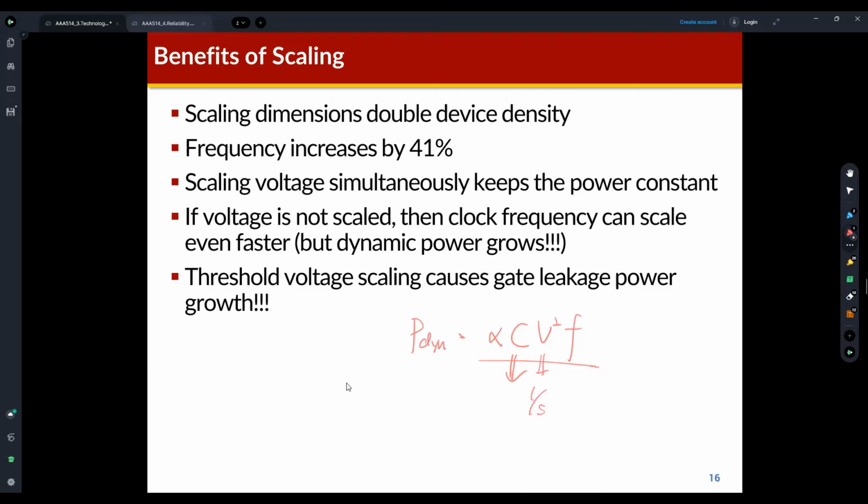So this capacitance is proportional to the area of the circuit. It's the same, and then the activity factor is the property of the software, but usually the activity factor is a constant, and then F, we can increase F like S. So if we just focus on the dynamic power, then it's 1/S squared, then S.